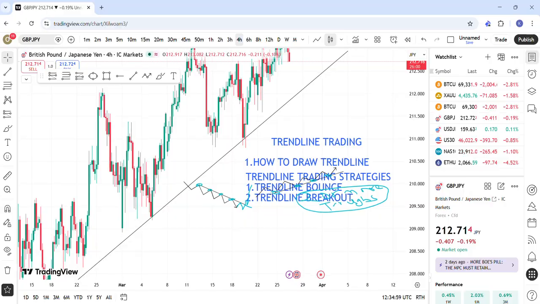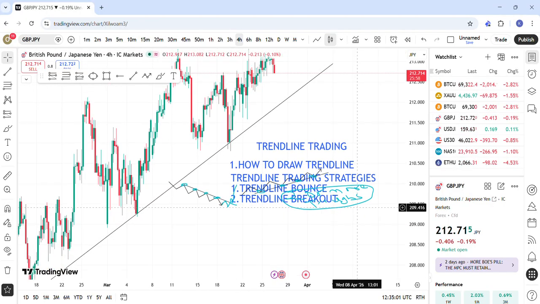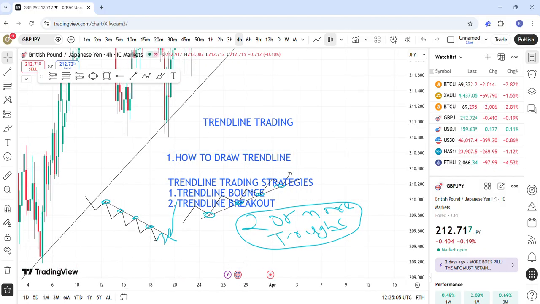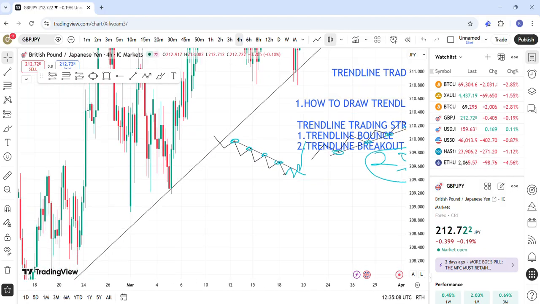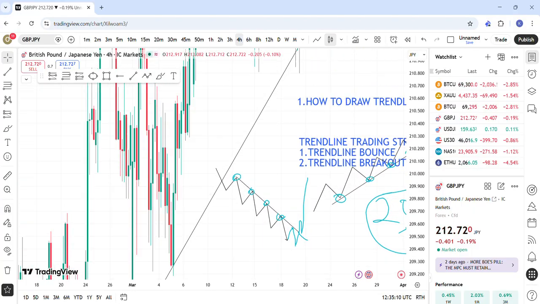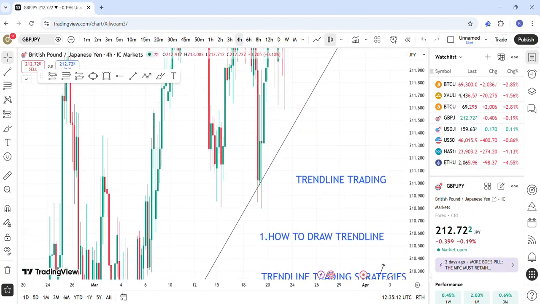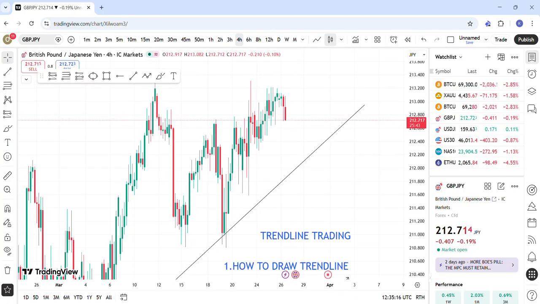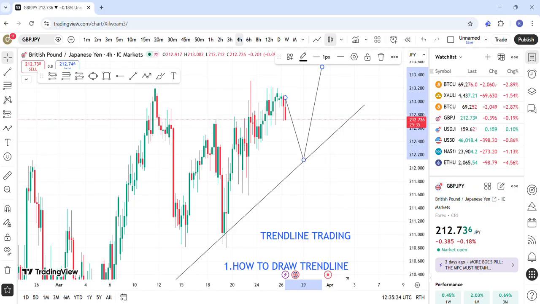So what you're basically expecting now is for price to simply come down to this trend line, then continue buying. In that sense, we are making use of the trend line bounce.